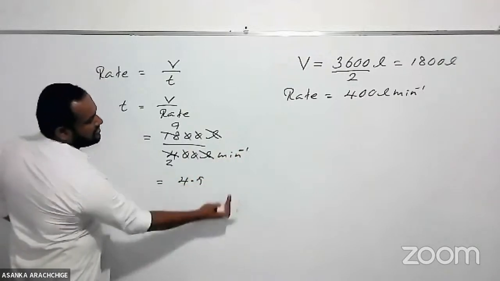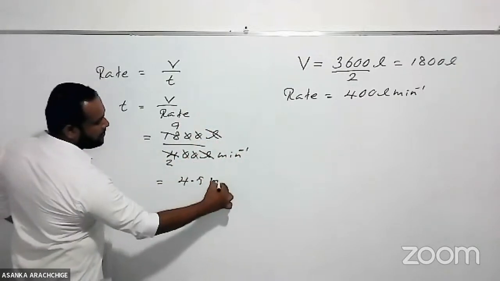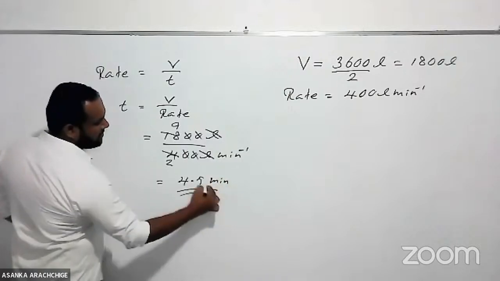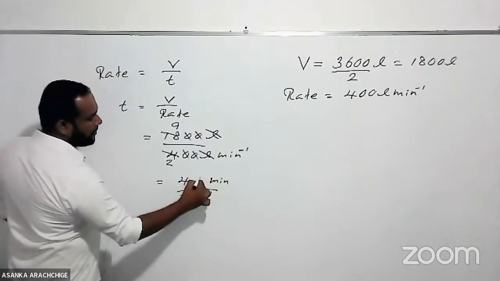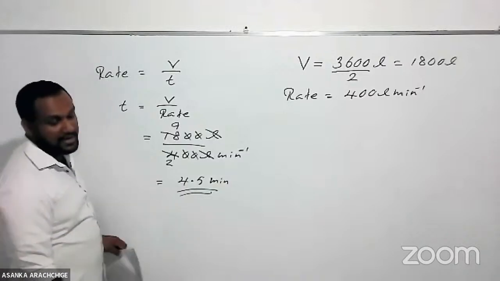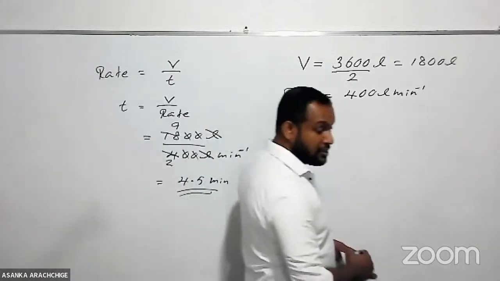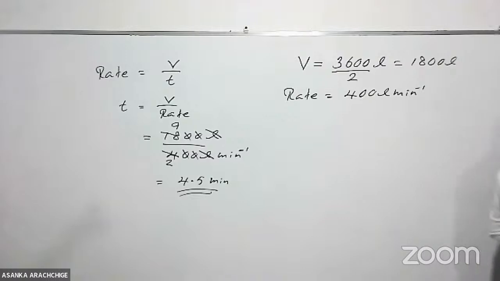Minutes to the power minus 1 goes up as minutes to the power plus 1. Answer: 4.5 minutes. Is your answer correct?